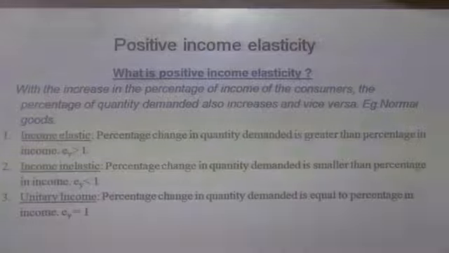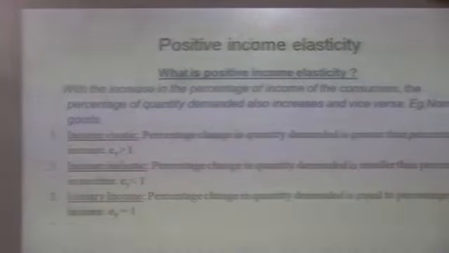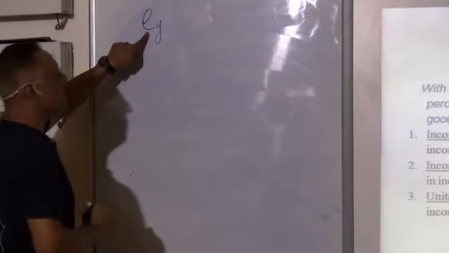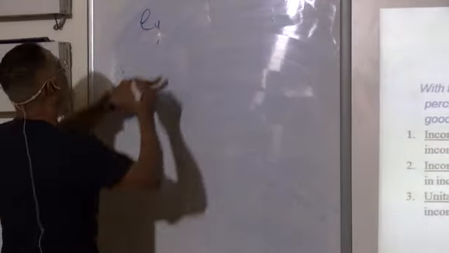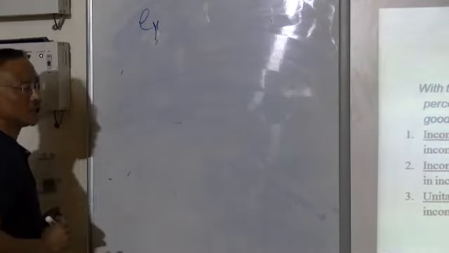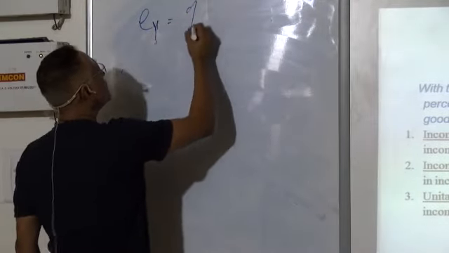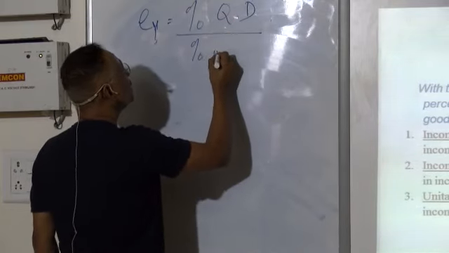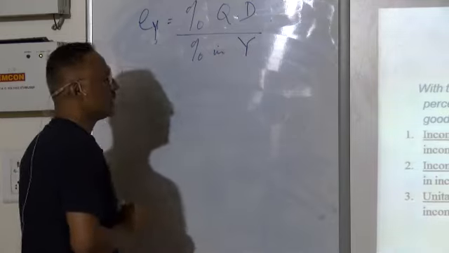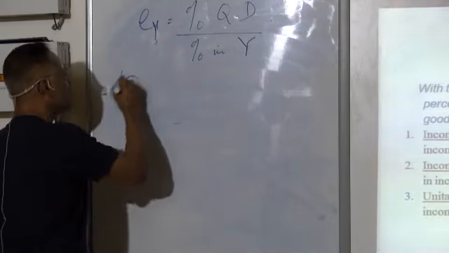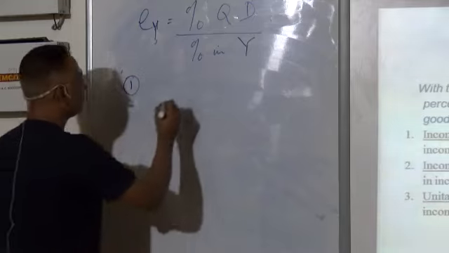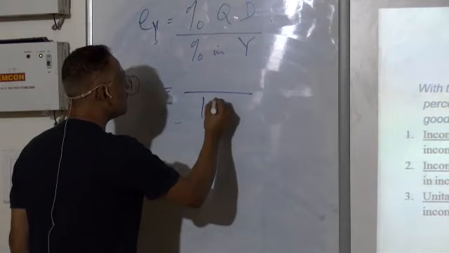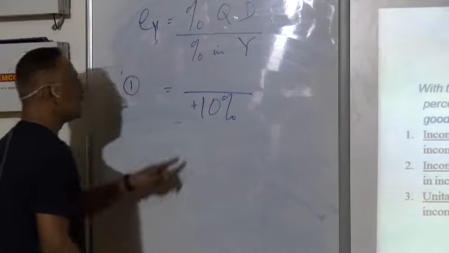Let's have a look. The first thing is you have to know the formula. This is known as income elasticity of demand, with a Y, which you can write like this also. Y means income. And the formula is percentage change in the quantity demanded upon percentage change in income. The first one: here you will see that your income has increased by 10%.